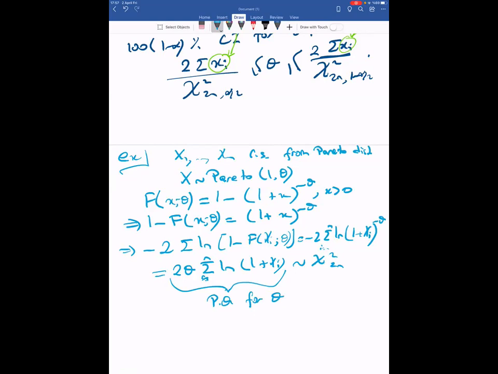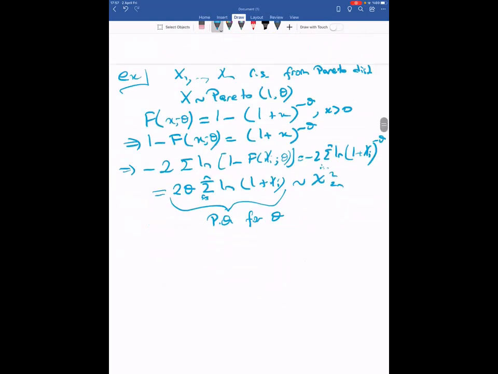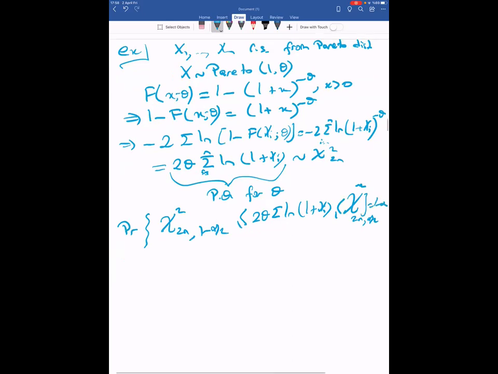Then we can use this to derive the confidence interval for theta. Again, we will use the same approach. We know the distribution, so the lower bound will be chi-square 2n with 1 minus alpha over 2, and the upper bound chi-square 2n with alpha over 2. Let's write this interval for theta.